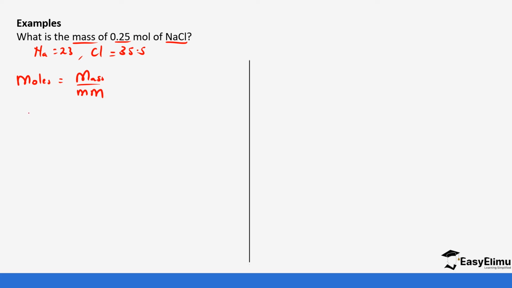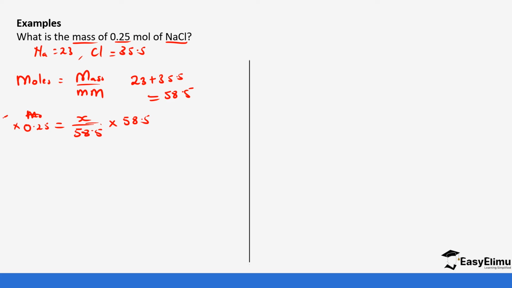Moles we have, which is 0.25, is equal to mass, which we do not have. I'm going to give it the value of x. And then the molecular mass of sodium chloride is 23 plus 35.5, which will give us 58.5, so over 58.5.